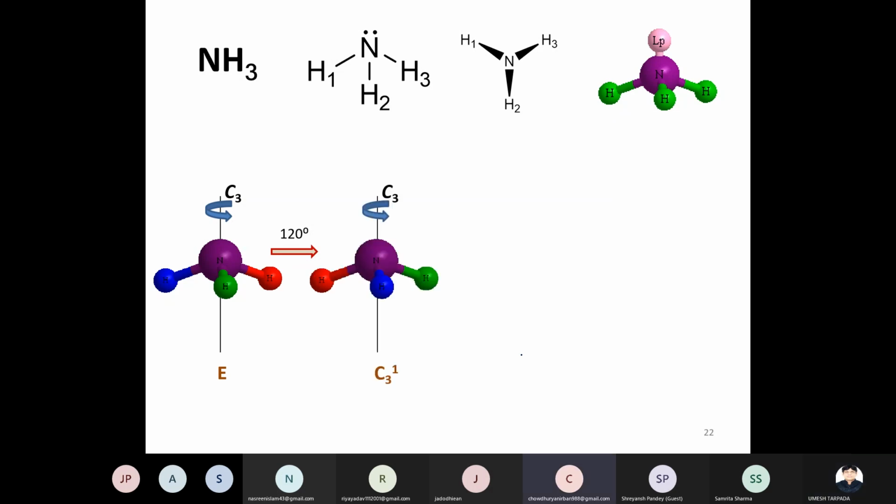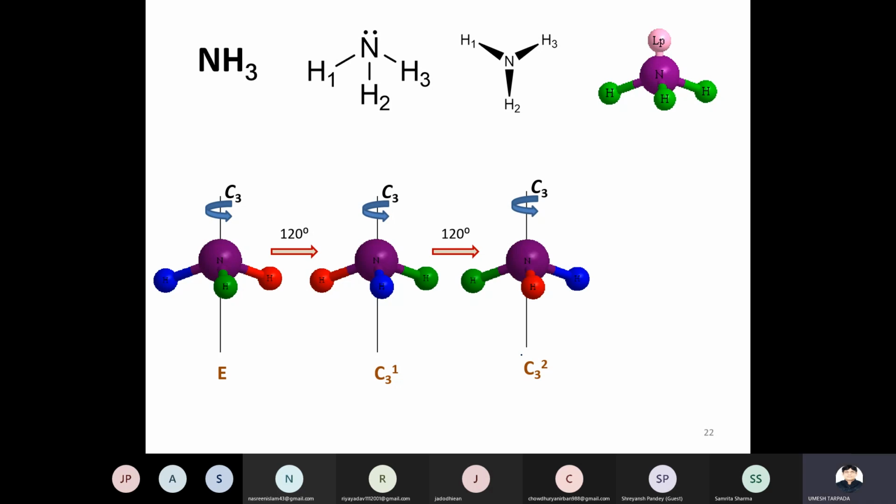H3 to H2 and H2 to H1. Yes. Second time, and if you give a third rotation, then you get a similar structure. And therefore C3 raised to 3 is called E, and C3 is your principal axis.